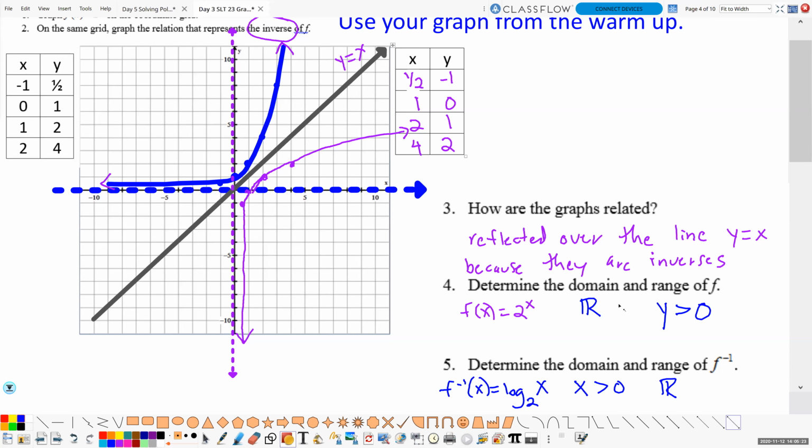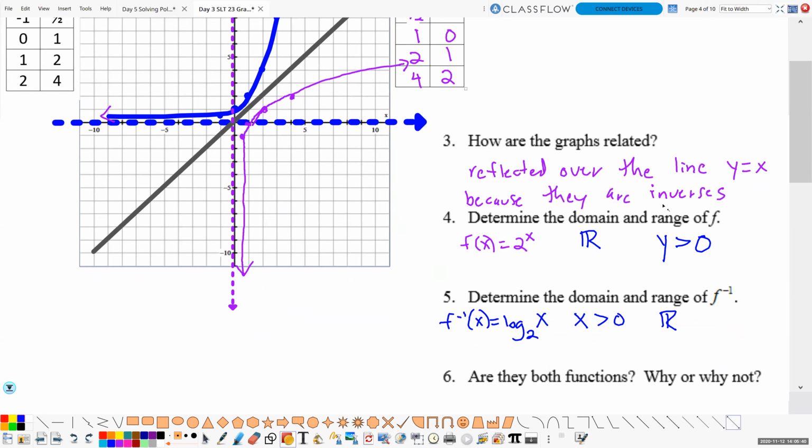All right, the last question on this slide asks, are both of these graphed functions? Why or why not? Use the hand raise function on your participants bar. Do you know why they are functions or why they are not functions?